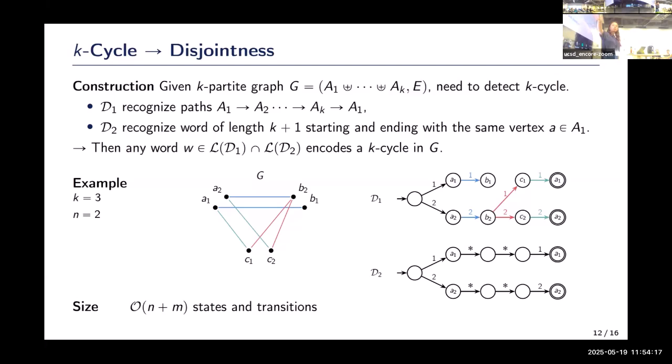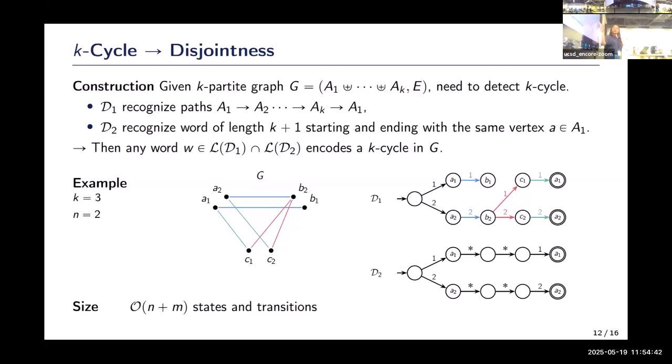So in this example, I have a graph with three partitions A, B, C. I'm going to copy everything and I'm going to orient my edges from the set A to the set B, to the set C, to the set A. And I'm going to label my transitions by the incoming vertex of my transition. So for example, when I move from the vertex B2 to C1, I'm going to label this by 1 because I end up in C1.